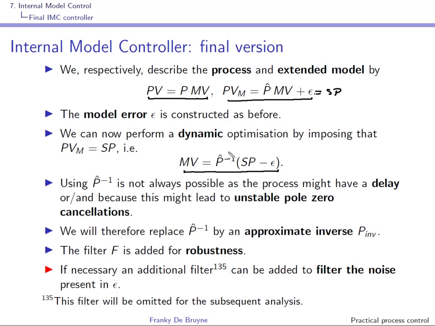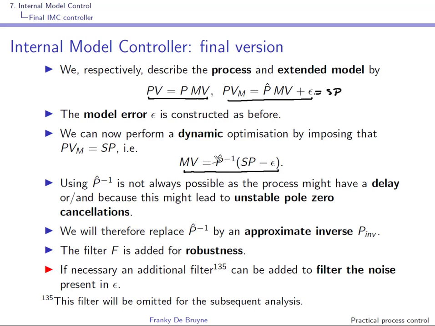But as you can imagine, this is not always realizable in practice, because the model might have a delay and you cannot take the inverse of the delay. This will lead to pole zero cancellations, and these are allowed only if they lead to stable pole zero cancellations, so of poles and zeros that are to the left of the imaginary axis.